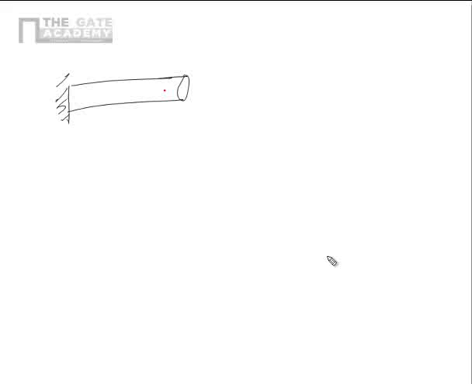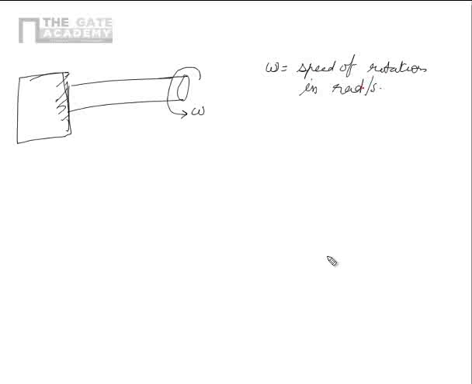Now let's say that this is part of a machine, which means that this is connected to a motor, for example, and this bar is rotating with the speed of omega, where omega is let's say the speed of rotation in radians per second.